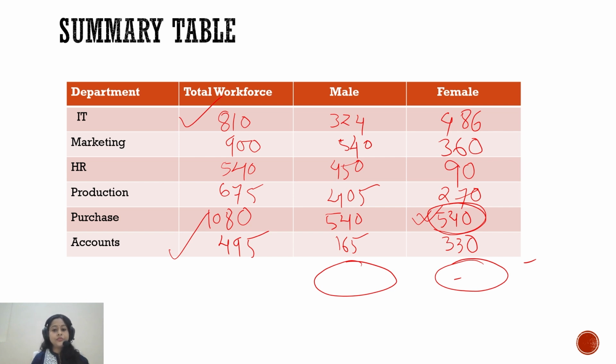If you add up the males in all the departments together, you will get 2424.